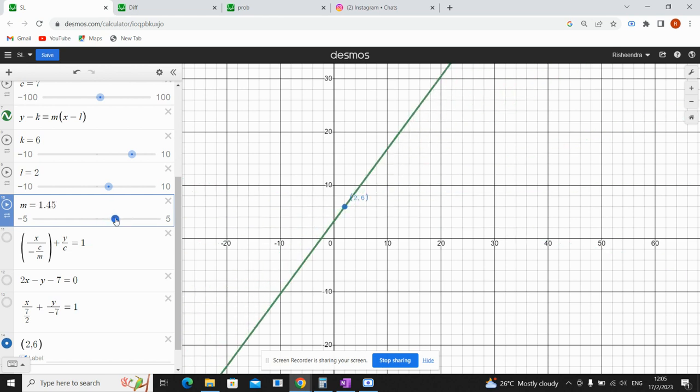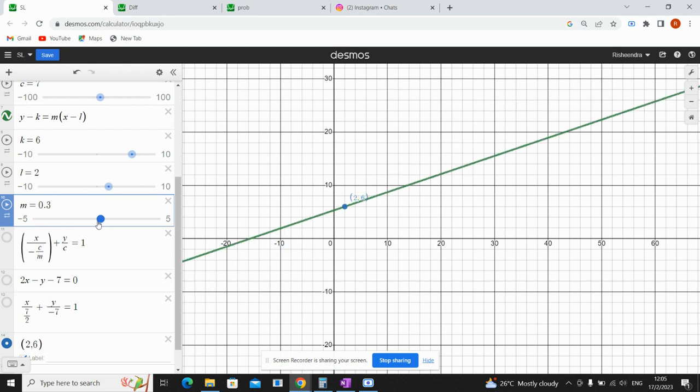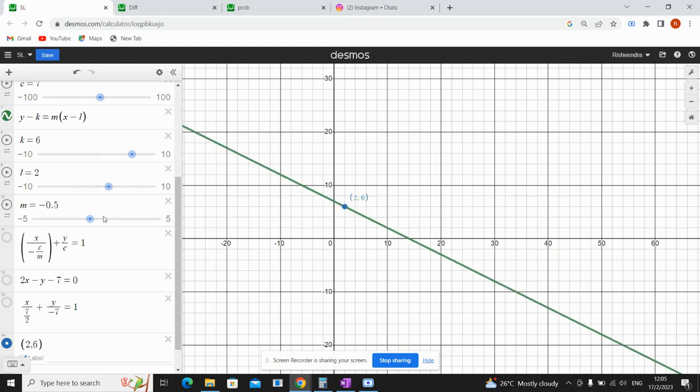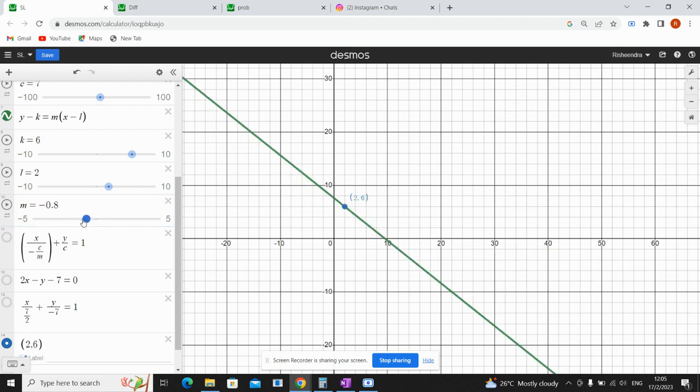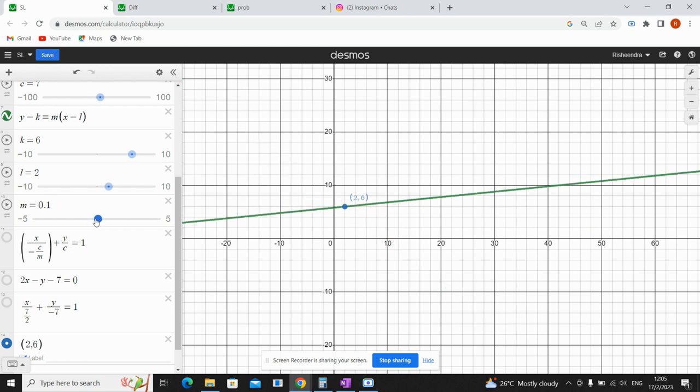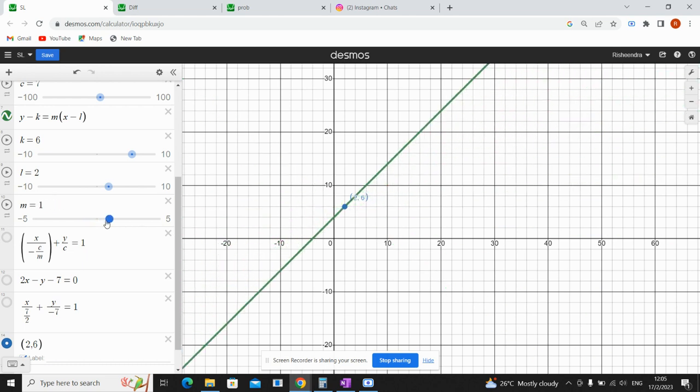Look here, as the slope changes, the line moves up and down. If it has a negative slope, it cuts the positive x and y intercepts. If it has a positive slope, this line cuts the positive y-axis and the negative x-axis.